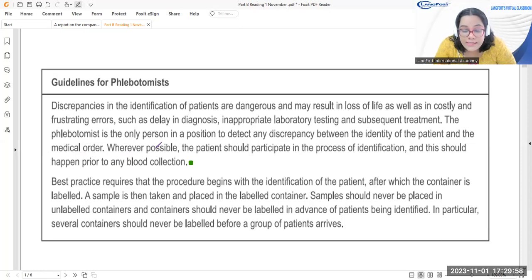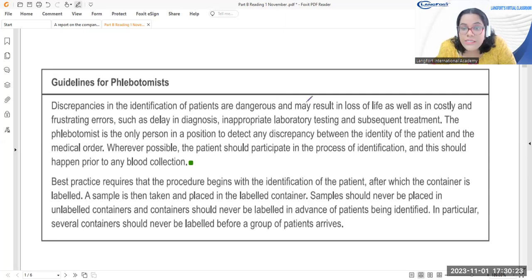Okay, let's understand. These guidelines are for phlebotomists, and the first sentence says that discrepancies means problems or things that are not matching up. Problems or gaps in the identification of patients are dangerous, an extremely serious thing.